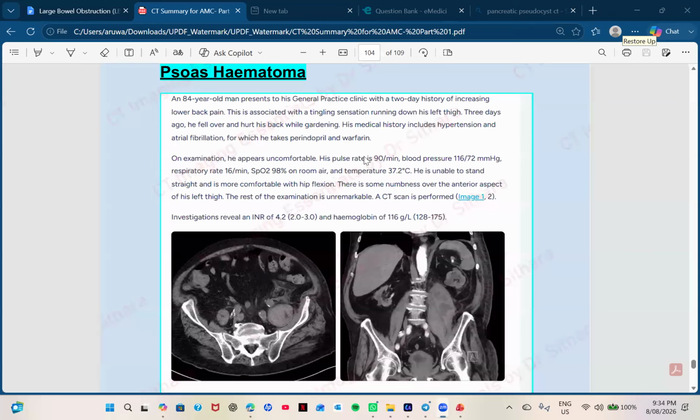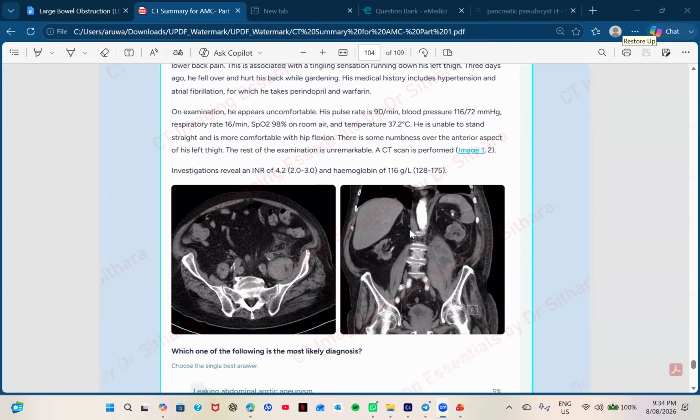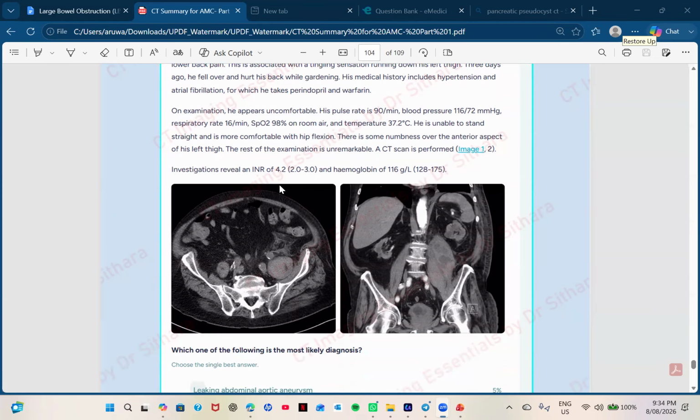A 48-year-old man presents to the GP with a 2-day history of increasing lower back pain associated with a tingling sensation running down his left thigh. 3 days ago, he fell over and hurt his back while gardening. Medical history includes hypertension and atrial fibrillation, for which he takes pain refill and warfarin, right? On examination, he appears uncomfortable.